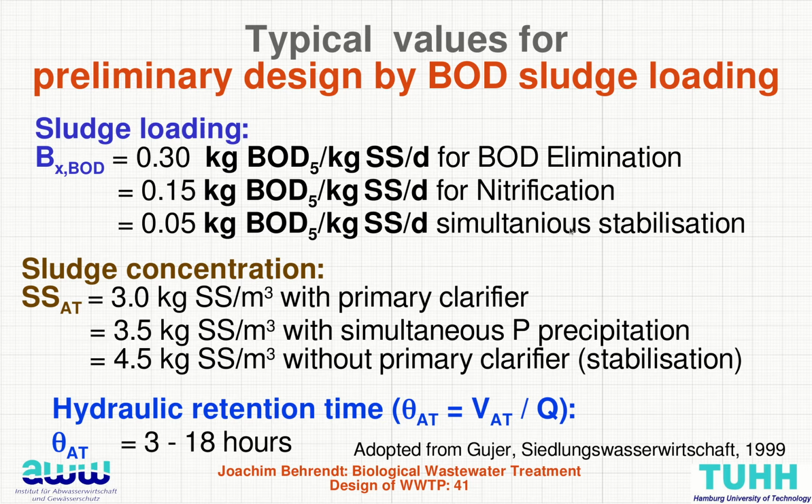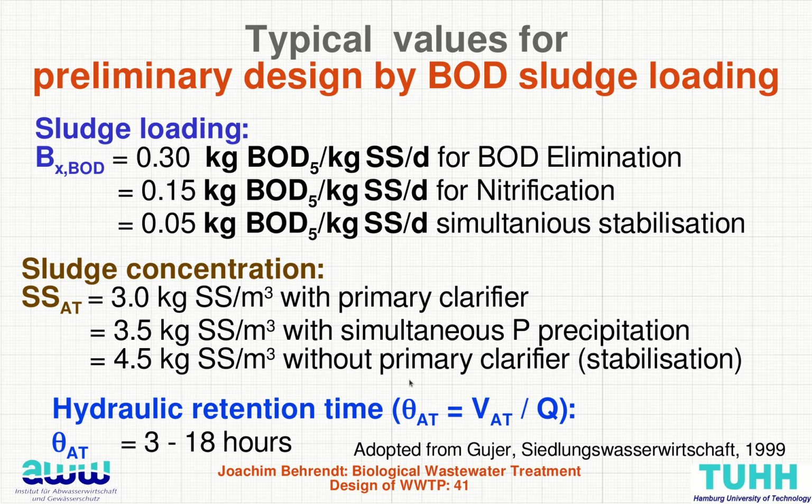sludge treatment possibilities. Yeah, sludge concentrations that you have typically in the aeration tanks, this is 3 kilograms suspended solids if you have a primary clarifier, or if you are adding some iron or aluminium salts for the precipitation, then you have here in the range of 3.5 kilograms suspended solids.